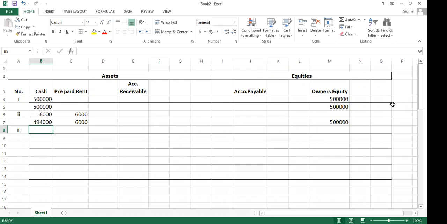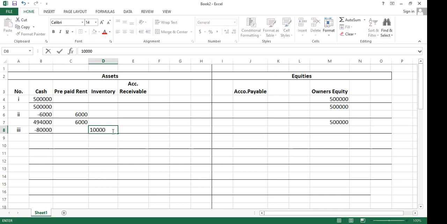3. Purchased merchandise inventory for cash rupees 80,000 and on account rupees 20,000 from Mr. Tahir. Inventory is 100,000, cash paid 80,000 and payable 20,000.